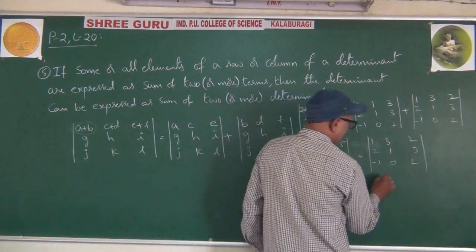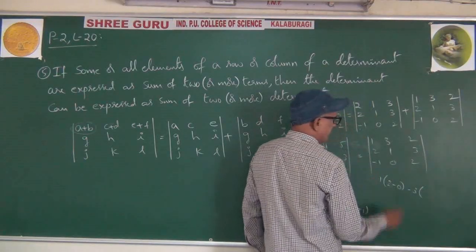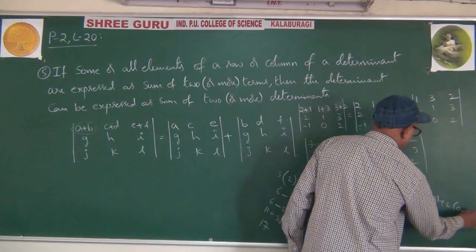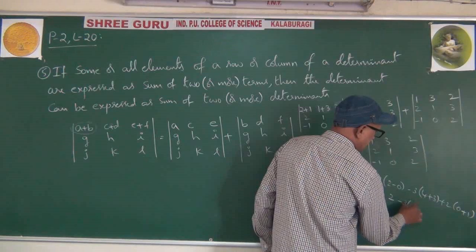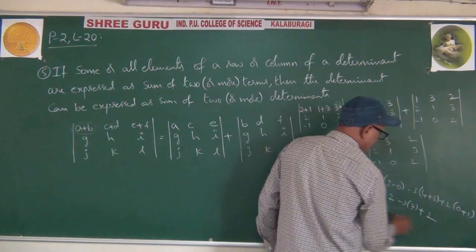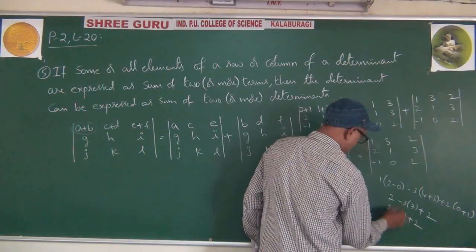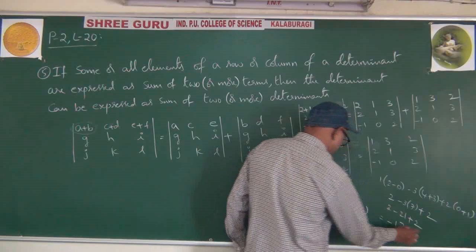Coming to the other one, 1 into 2 minus 0, minus 3 into 4 plus 3, plus 2 into 4 minus 21, minus 7.